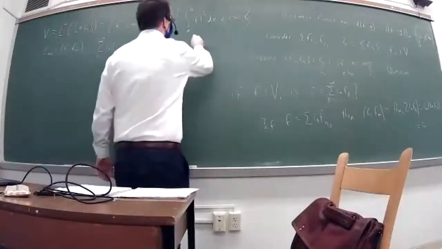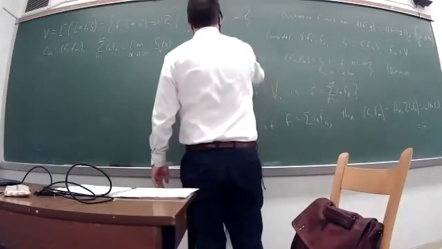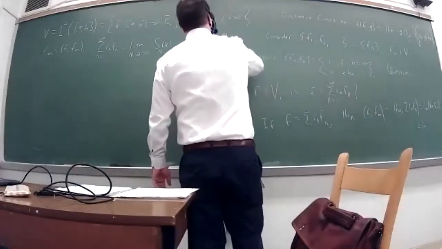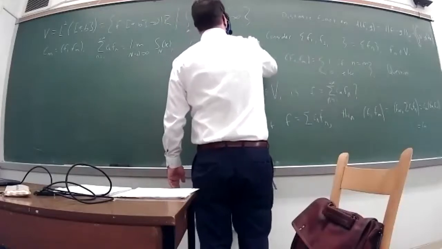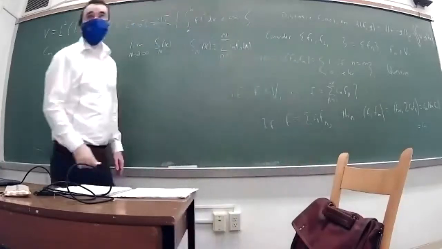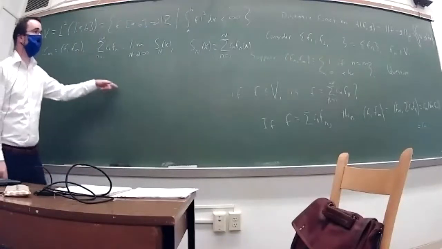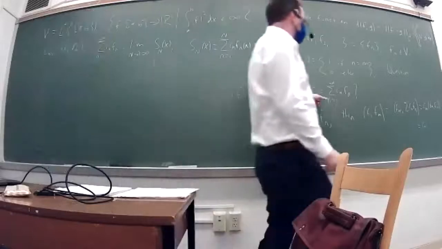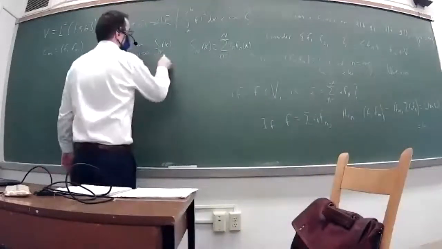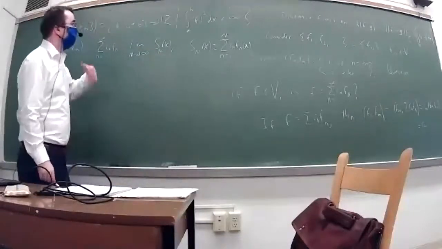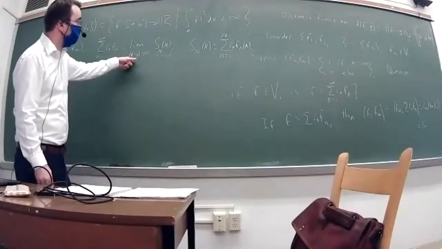The corresponding sequence of partial sums for a series is given by just the sum of the first n terms. So whether or not this series converges to a function is exactly equivalent to saying whether or not the sequence of partial sums converges to the function.